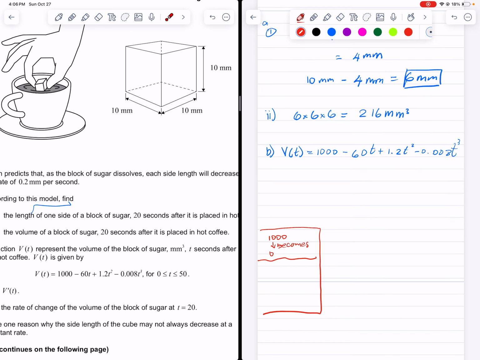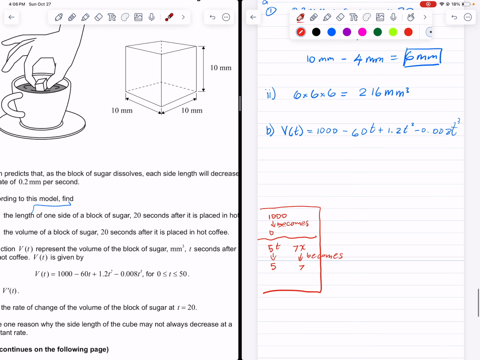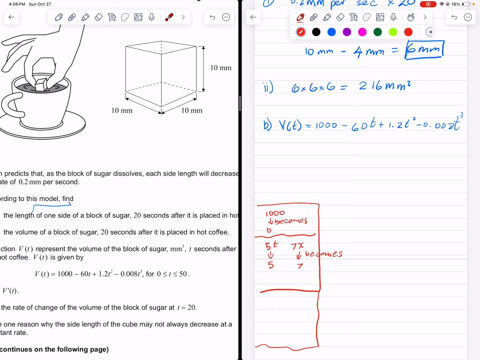Any number with a variable, so let's say, for example, 5t or 7x, when you differentiate it, the variable goes away and it becomes just that number. And then finally, when differentiating anything else, so let's say you have a coefficient and an exponent, something like, and I'll just make something up, 9x to the 4th.